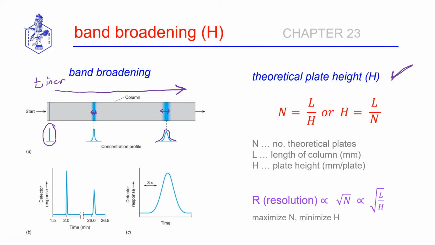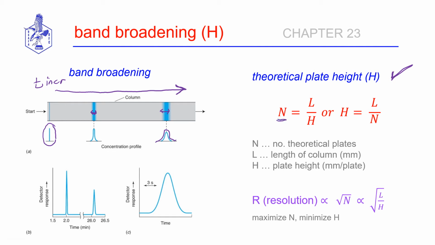Okay, so that's something that we simply can't control entirely, but we want to optimize our separation to minimize the band broadening. And we measure that with what we call theoretical plate height, H. So how that parameter relates to our efficiency is as follows. We define our theoretical plate height as follows.